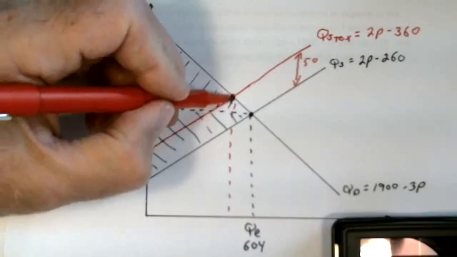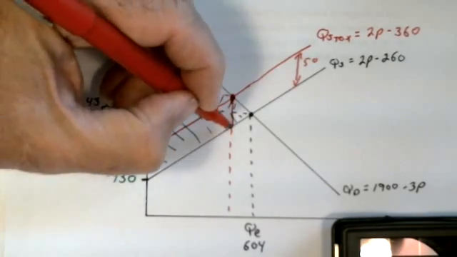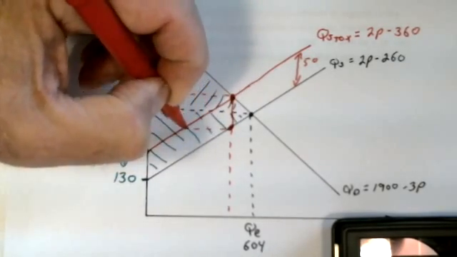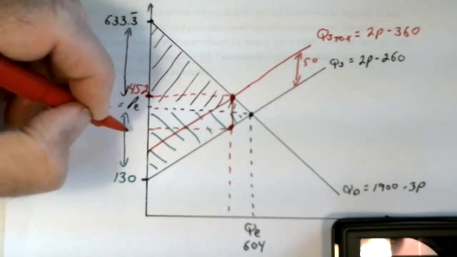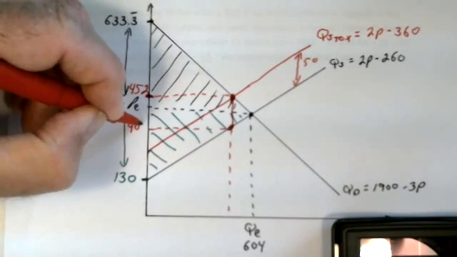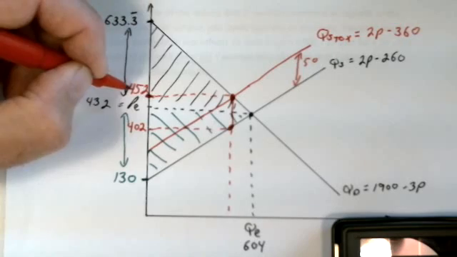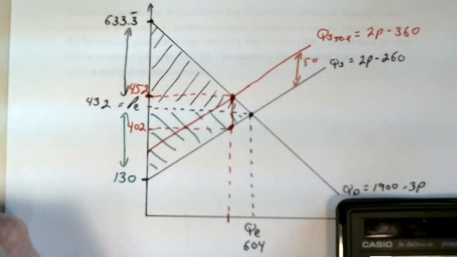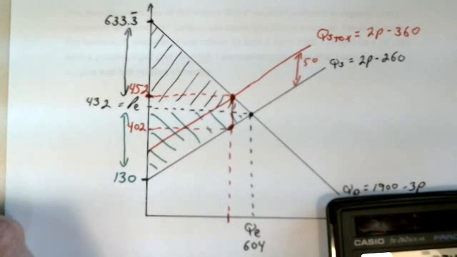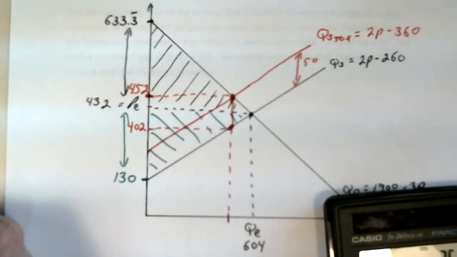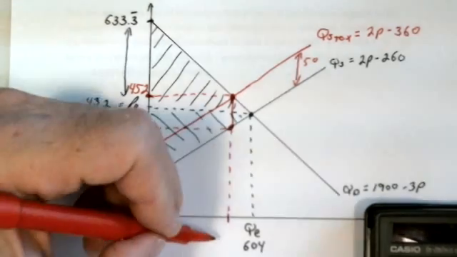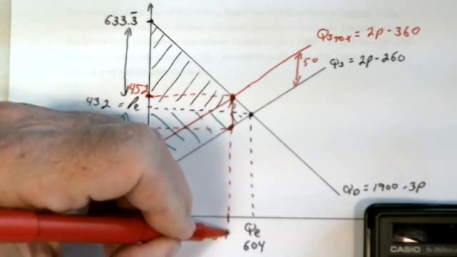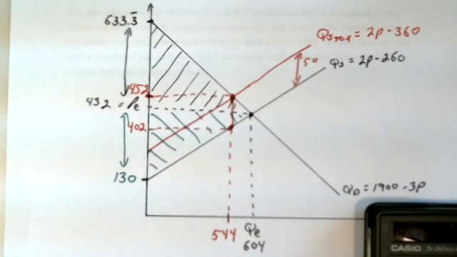And then of course this number down here, since that's 50, that number down there would be 402, right? 452 minus 50, and this number here would be 452 times 2 minus 360. I get 544. Okay?